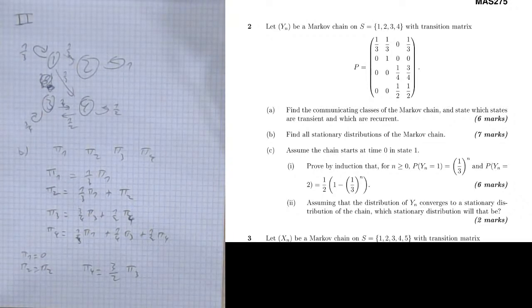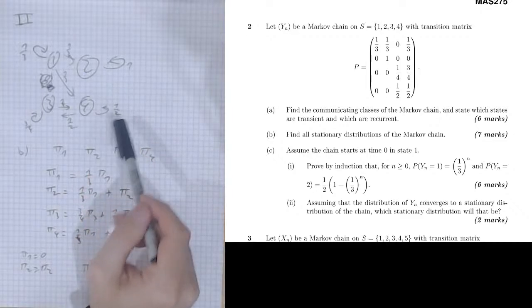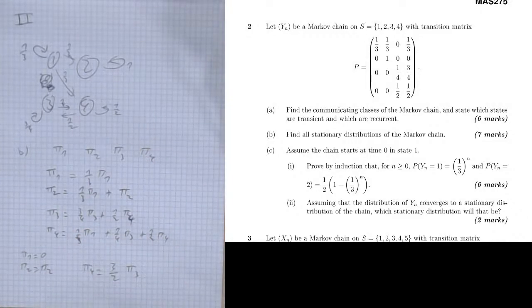And now, if you've practiced a little bit, you can see that given that there's two irreducible classes, basically there's going to be a parameter for your solutions saying how much weight we give to the class containing 2, how much weight we give to the class containing 3 and 4. And as you can see, pi2 is basically free.